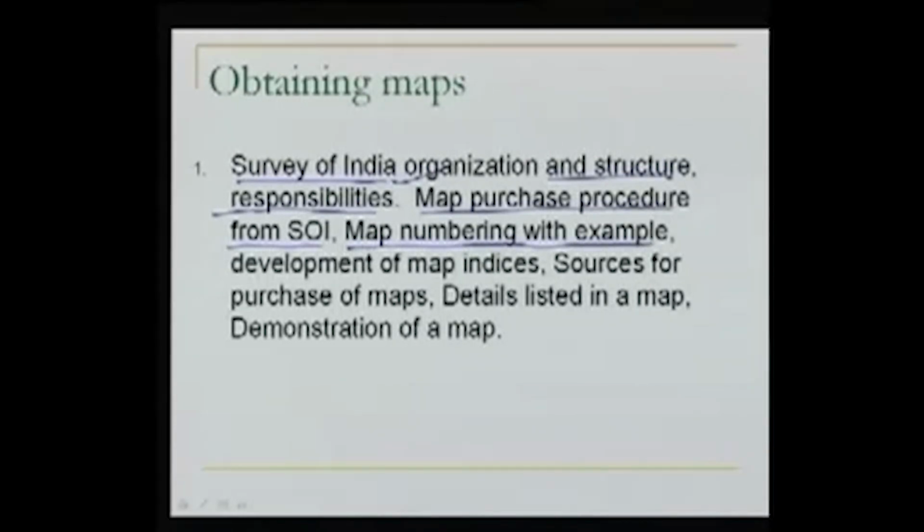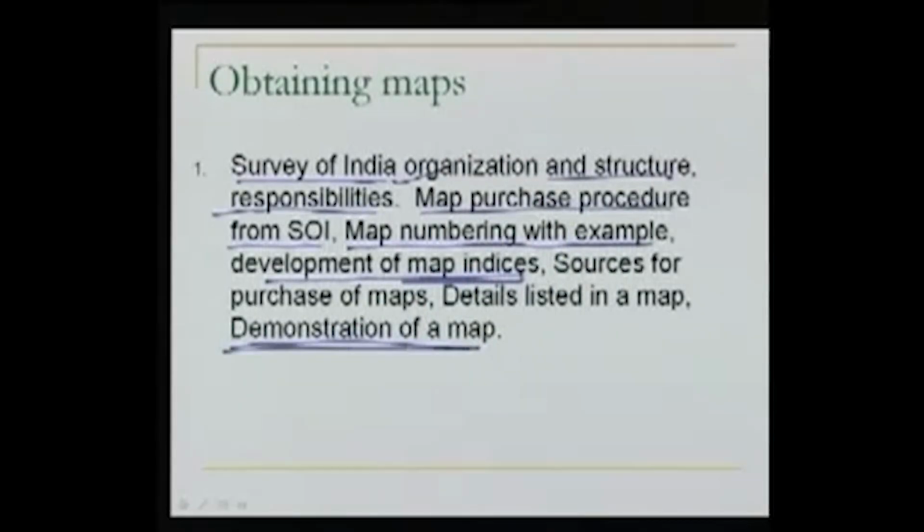So we will try to understand that system so that you are able to purchase a map of your area, provided you know some basic things about your area. Also, one associated thing that is called map index. How to develop that index, why it is useful, we will look into that. And finally, we will see a demonstration of a Survey of India topo sheet.